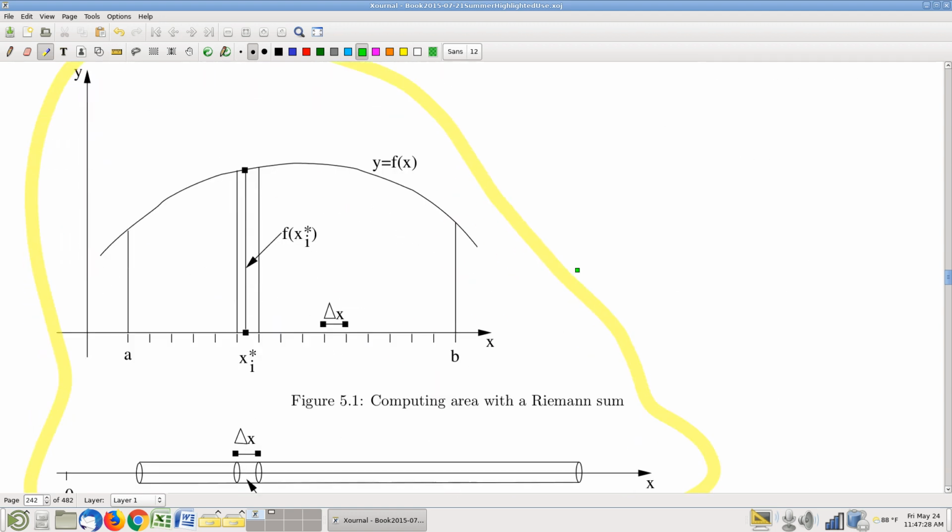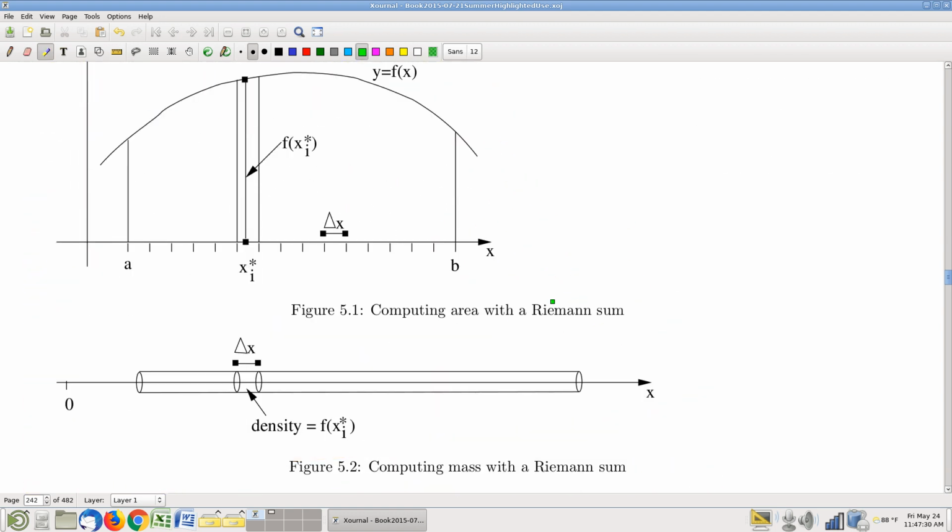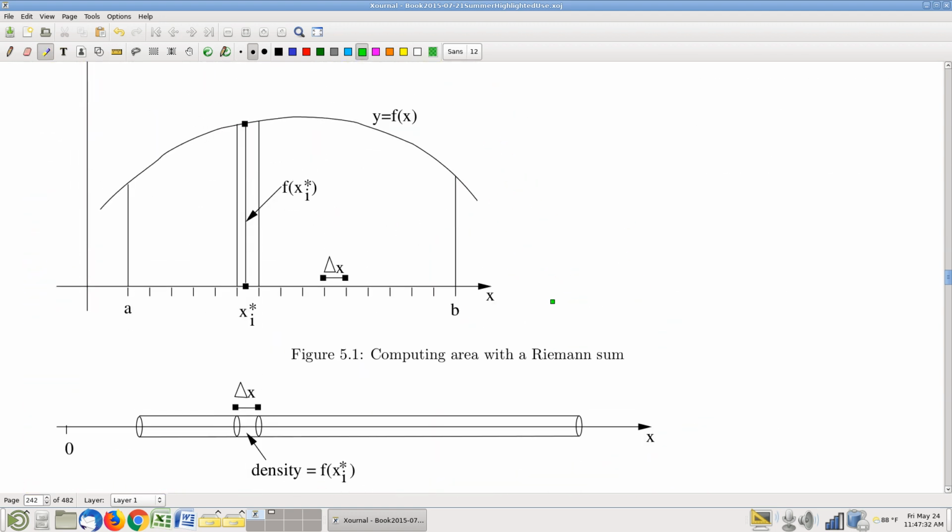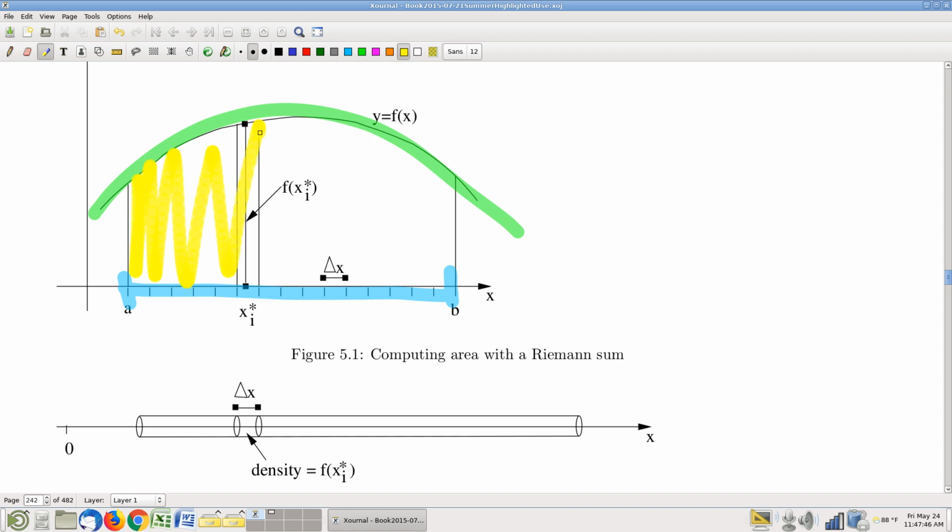Okay, so a couple of examples of how we would use Riemann sums. Here are some applications. We talked about area under the curve, and again, that's a nice application of integrals. If you have some curve sitting over this interval on the x-axis, and you want to compute the amount of area, you can make a Riemann sum by chopping up this interval into little slices.